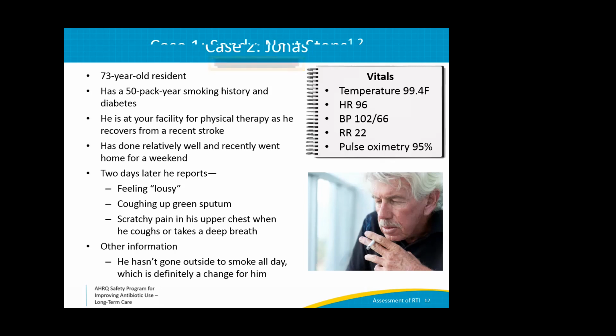He's developed a cough with some green sputum production, and he has a scratchy chest pain or discomfort whenever he coughs or takes a deep breath. And you also notice that he hasn't gone outside to smoke all day, which is definitely a significant change in behavior for him. On examination, his temperature is 99.4, heart rate of 96, blood pressure of 102/66.